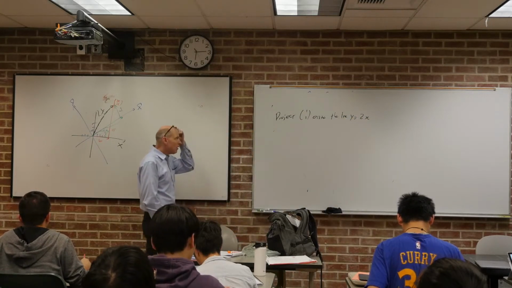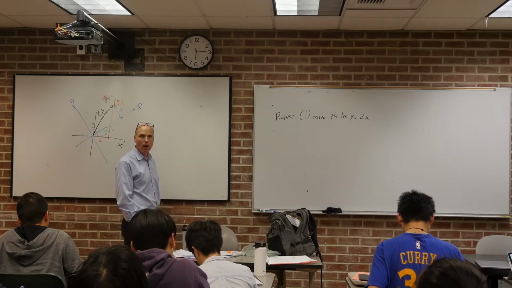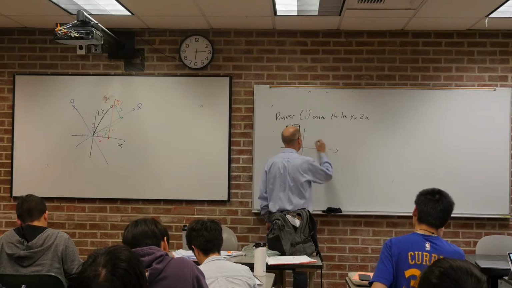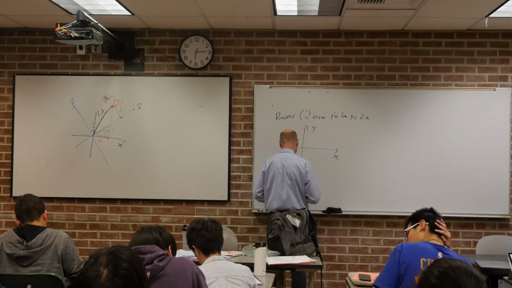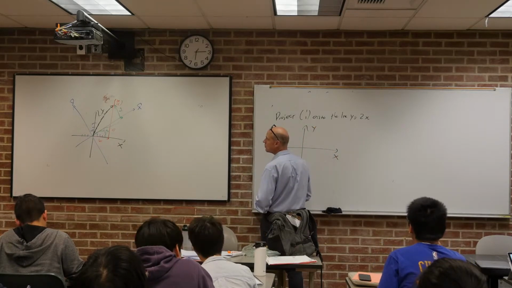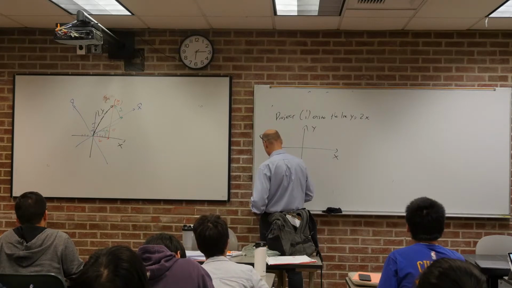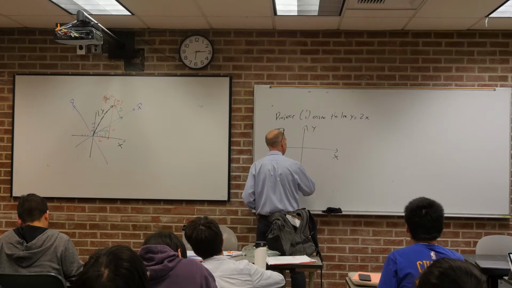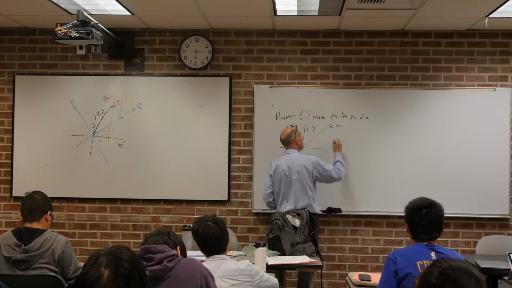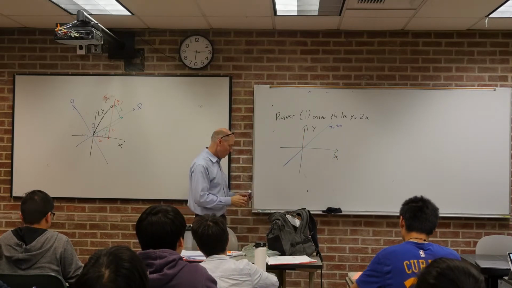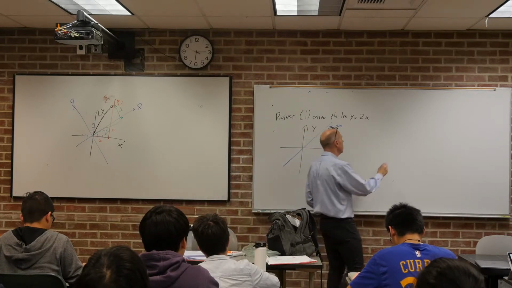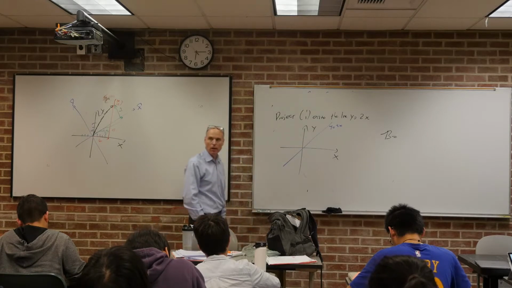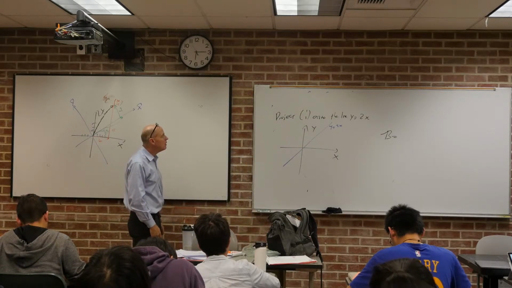What I want to do is project the 1, 1 vector onto the line y equals 2x. Let me draw a picture. So I think to myself, we did something similar already. So this is yet another way to do this problem.